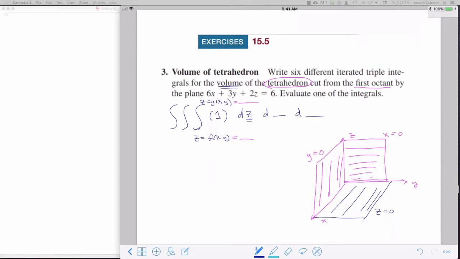And we're trying to find this plane. This plane comes into this region where x is bigger than 0, y is bigger than 0, and z is bigger than 0. There's a part of the plane that comes through here.